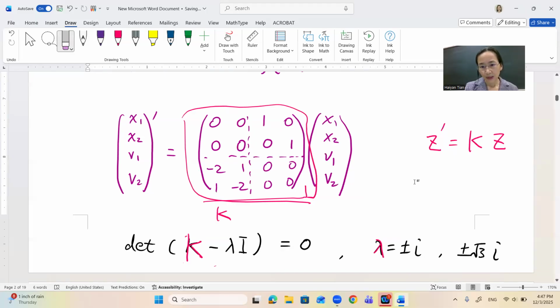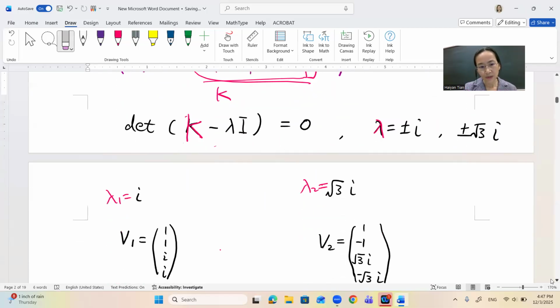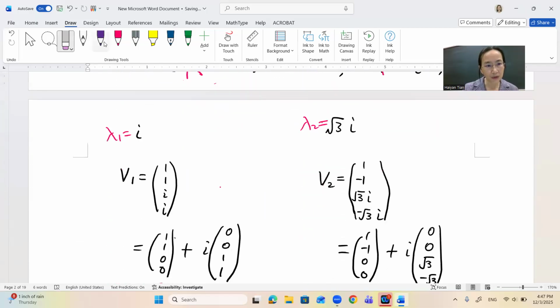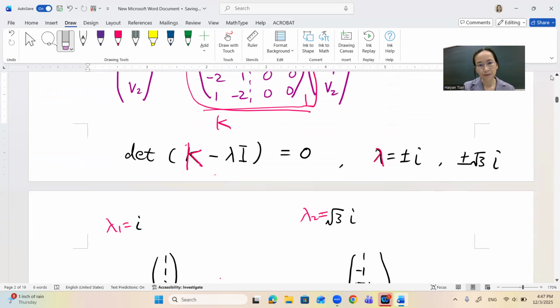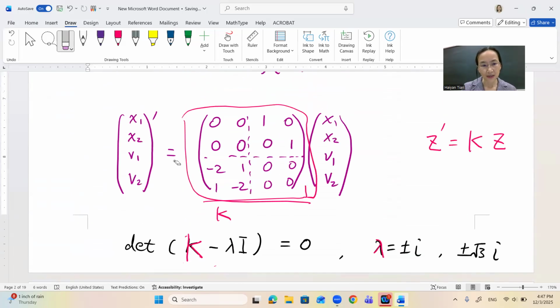Although I use the same notation, don't mix this V1, V2 with the previous V1, V2, because those are the velocity of each mass, right? So be very clear about notations.